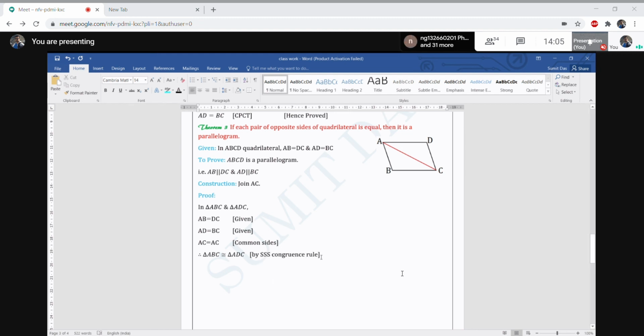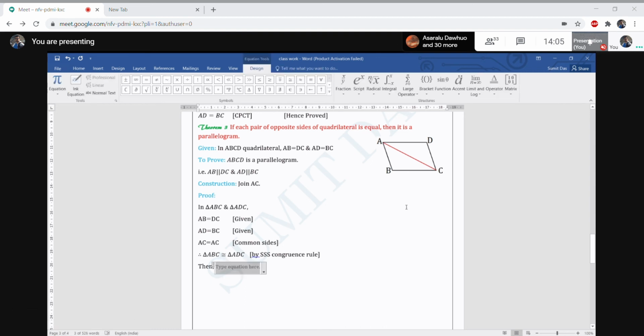Okay. So if they are congruent, then we can say angle BAC equals angle ACD.